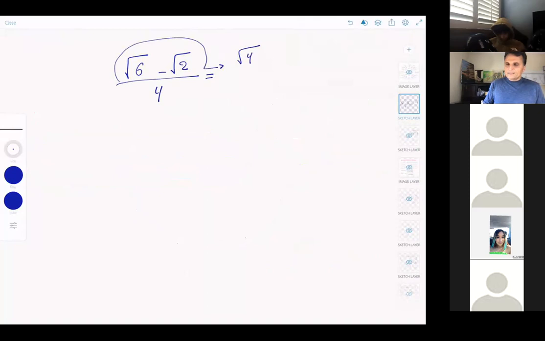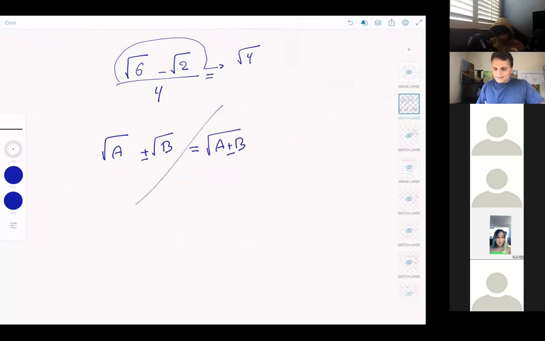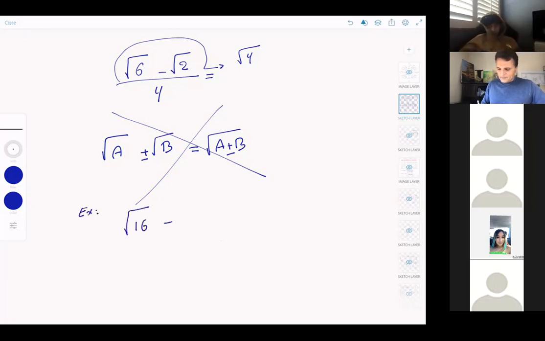There is no formula for the radical that tells us if we have radical A plus radical B, we will get radical A plus B. Or if it's minus, we get minus. There doesn't exist something like this. It's not true. For example, radical 16 plus radical 9 is not equal to radical 16 plus 9.